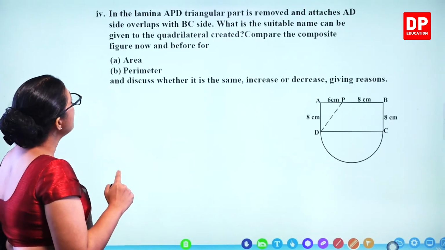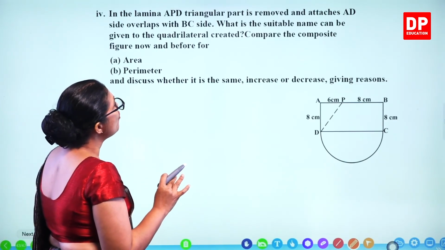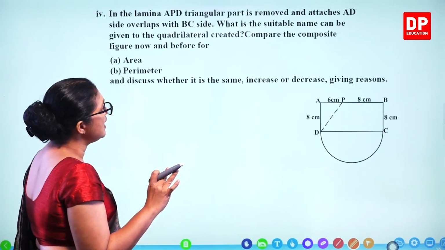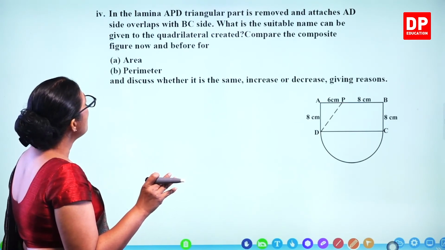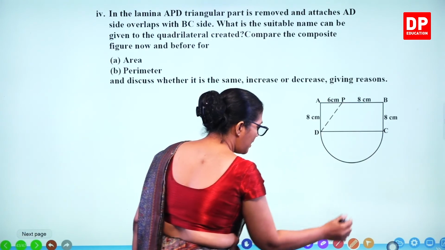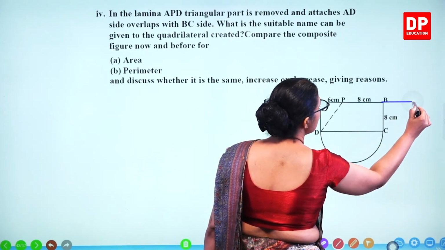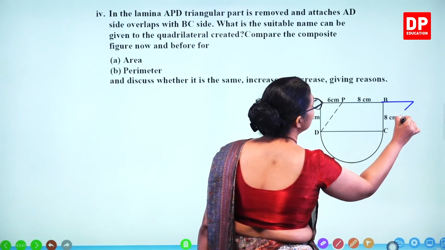Part 4. In the lamina, triangular part APD is removed and attached so the AD side overlaps with BC side. So that means remove this part and attach it to this side. So something like this.